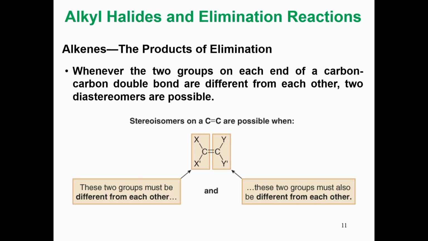Then y and y prime must be different. So if x and x prime are the same, this compound will not have stereoisomers. And if y and y prime are the same, even if x and x prime are different, the compound still will not have stereoisomers. There must be different substituents between x and x prime and y and y prime for this compound to exhibit stereoisomerism.